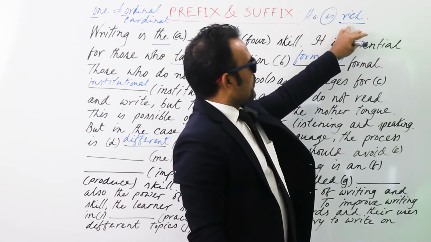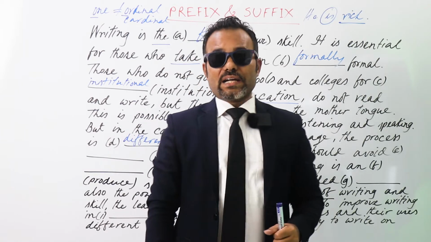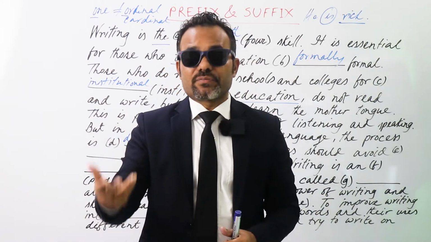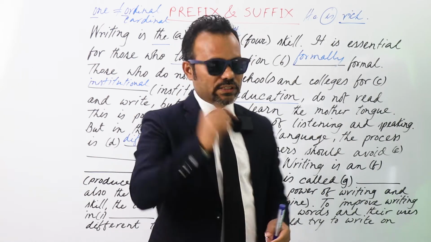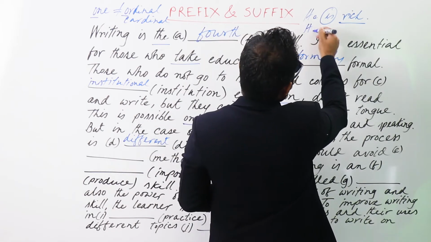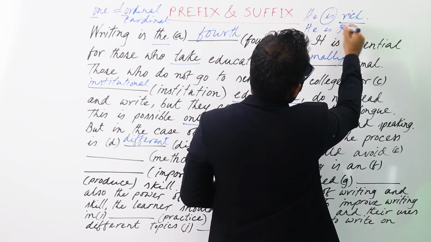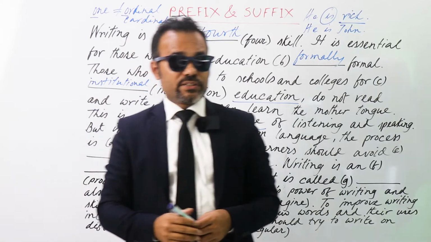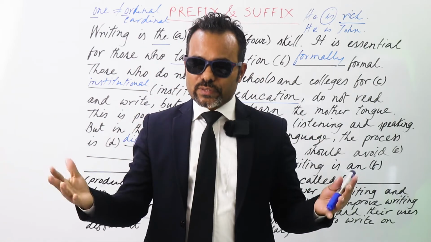And after the linking verbs, we use an adjective. But sometimes after a linking verb, we also use a noun. For example, he is John. So after the linking verb, we are using here noun and also adjective.